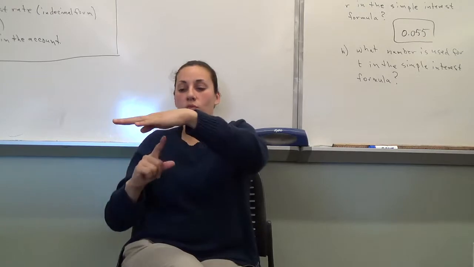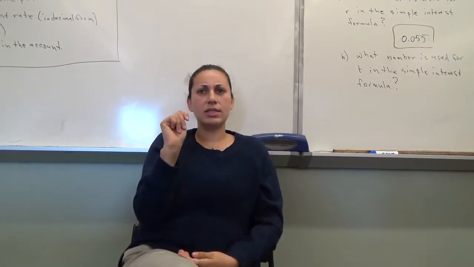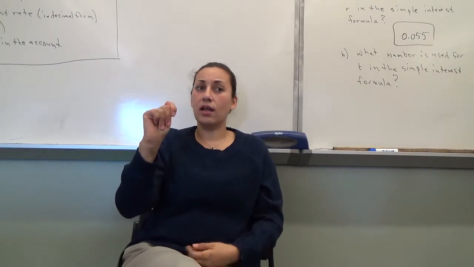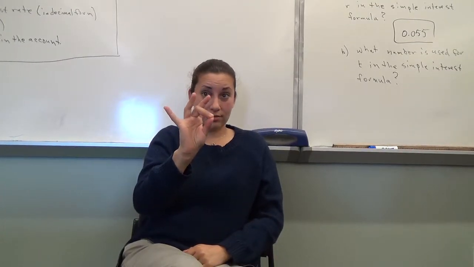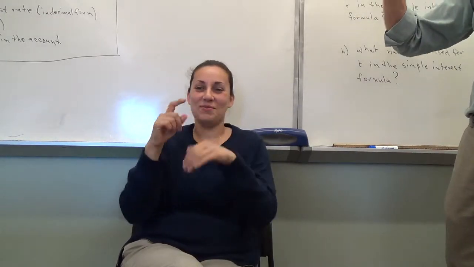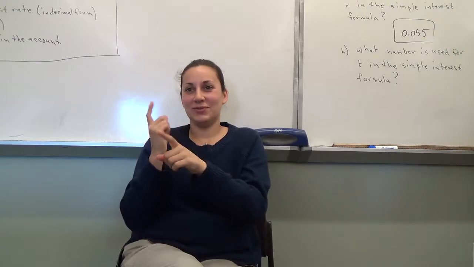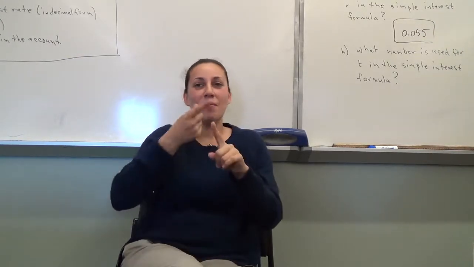Now, what number is going in there for T in the simple interest formula? Is that 78 going to go in there? No, because that specifically says T is the time in years. So how many months in a year? There's usually 12, right?